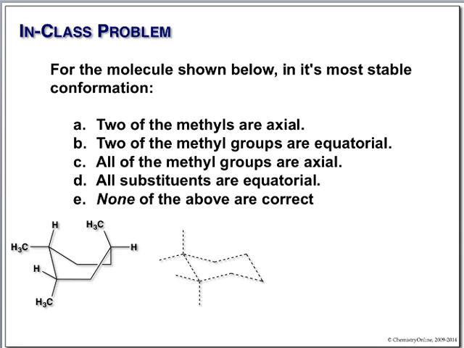Hydrogen is written here above the methyl, isn't it? So over here, hydrogen is going to be up, and the methyl is going to be in the equatorial. This one, hydrogen is also above the methyl, so hydrogen is going to be here, and the methyl here.